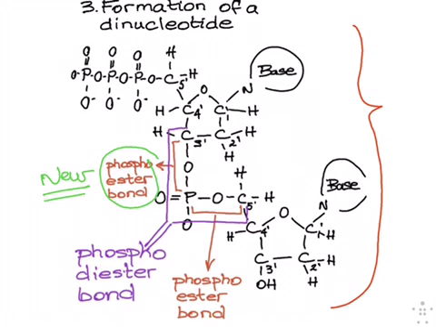Now, there is already a phosphoester bond right here, okay? And because of that, the two together, we call it a phosphodiester bond. The new nucleotides are always added from 5' towards 3' direction.